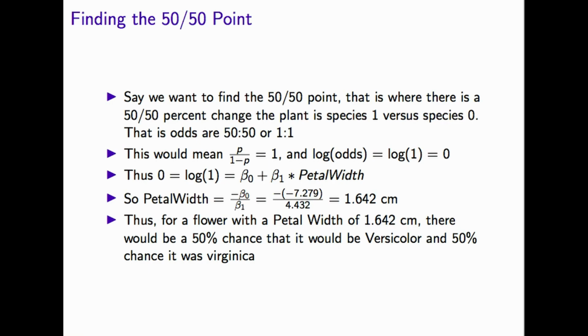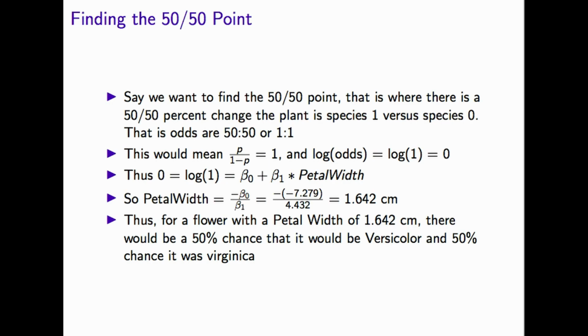Since the odds are equal to p over 1 minus p, this would mean that the log odds would be equal to log 1, which would be equal to 0. So that would yield 0 equal to beta naught plus beta 1 times petal width. Doing some simple algebra, we would get the equation negative beta naught over beta 1.